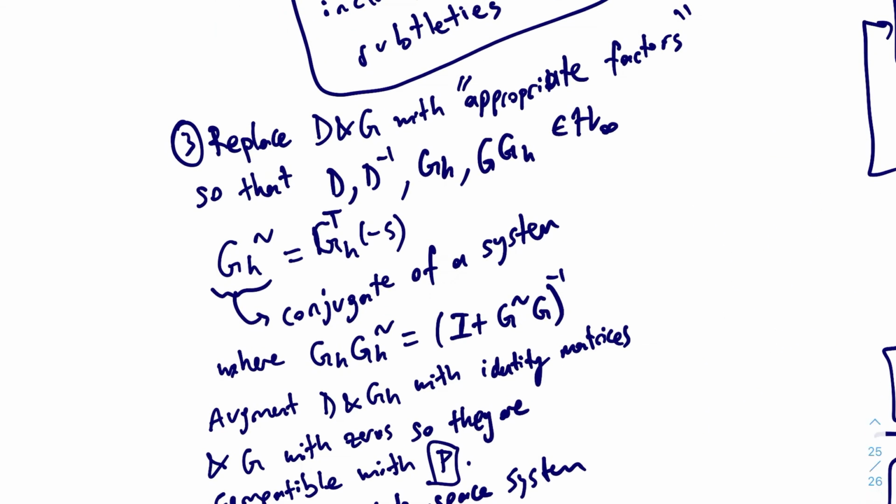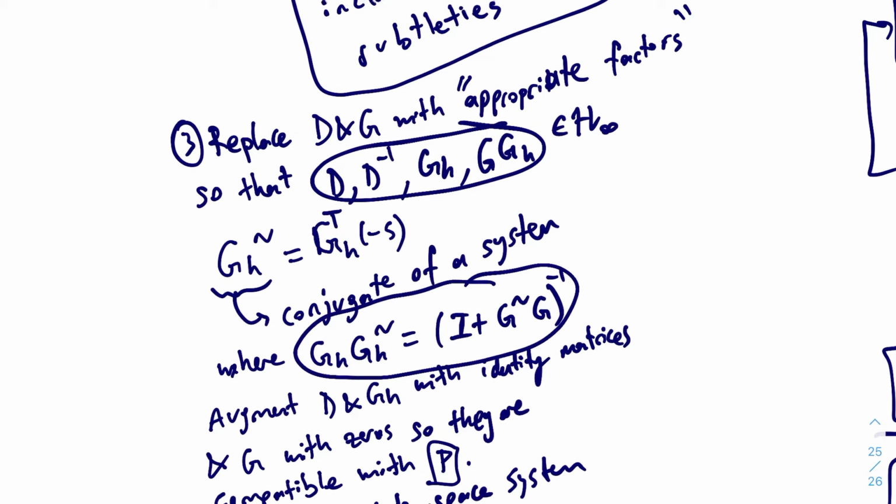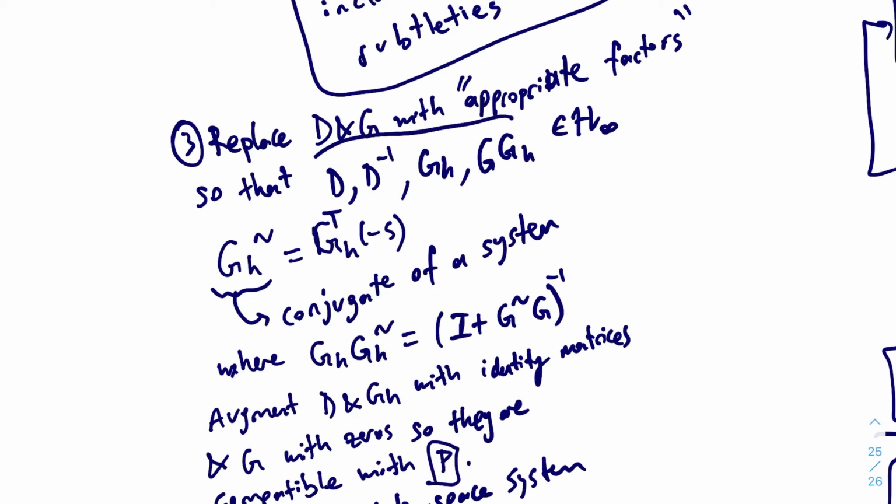Let me delete that to have more space. There are constraints, and this is the constraint. This is the definition of GH. GH is the spectral factorization of G such that this equality holds.